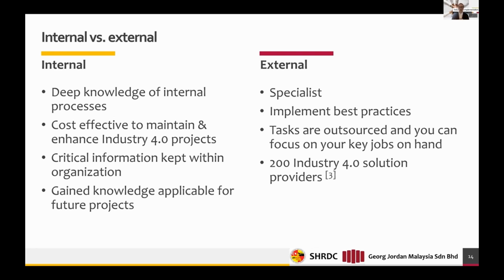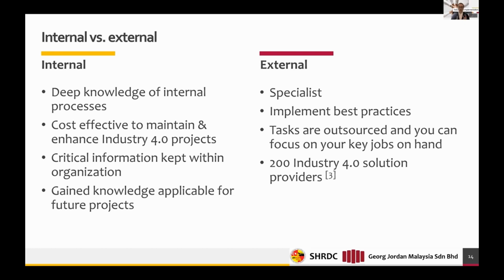For each and every option, I present to you here 4 distinct advantages. Let us now look at scaling up our internal resources and relying on internal resources to start and endure Industry 4.0 projects.